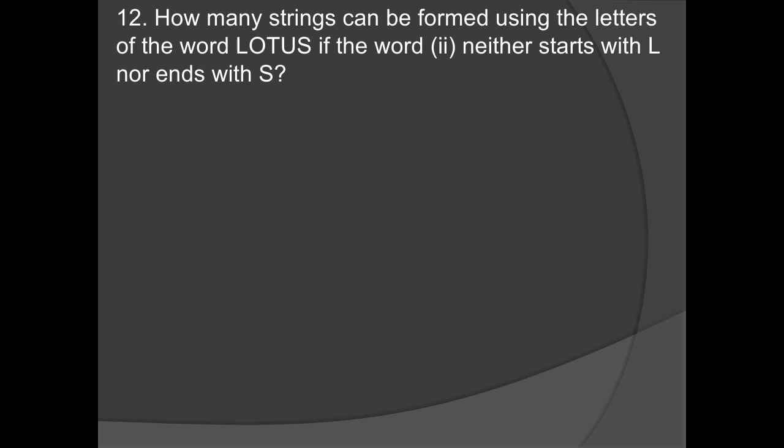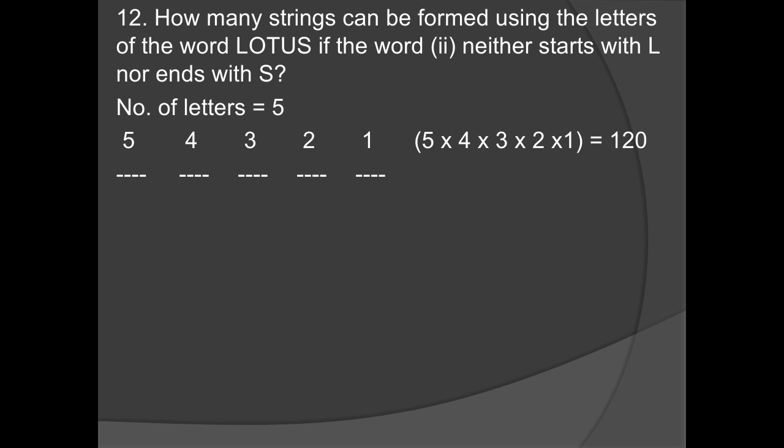Subdivision 2 of the same question: neither start with L nor end with S. First we have to find the total number of strings formed using LOTUS without any restriction. The number of letters is 5, and without restriction it is very simple: the first place is 5, second place 4, then 3, 2, 1. So in total we have 120.